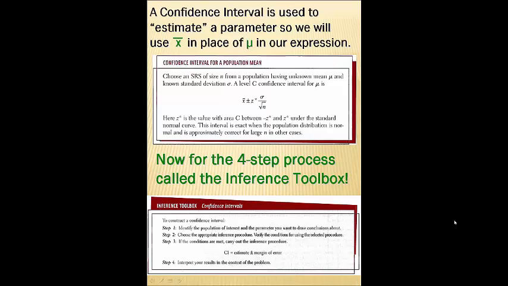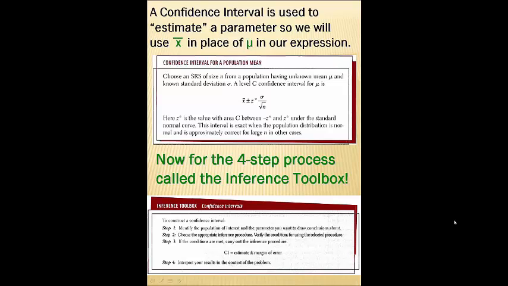You're going to be given a set of data, put it in a list, go to one variable stats, and get your x bar, and very soon we'll use the standard deviation you get from there also. But for now, we're given the population standard deviation, and we'll move on with that.